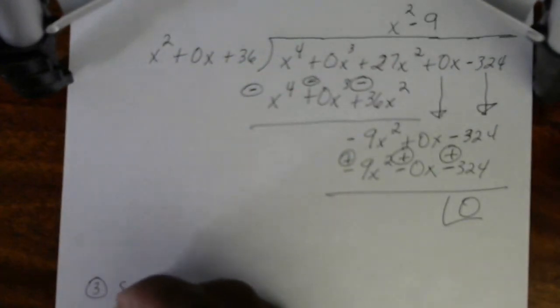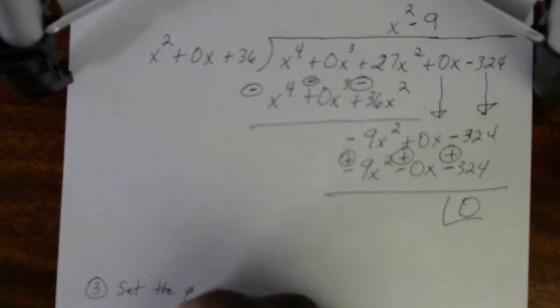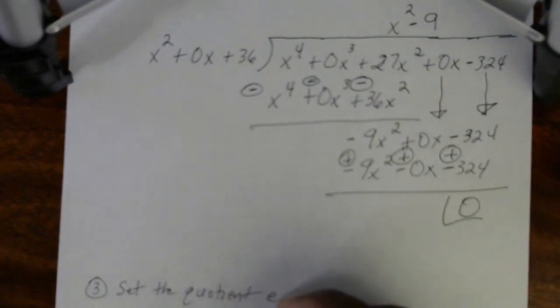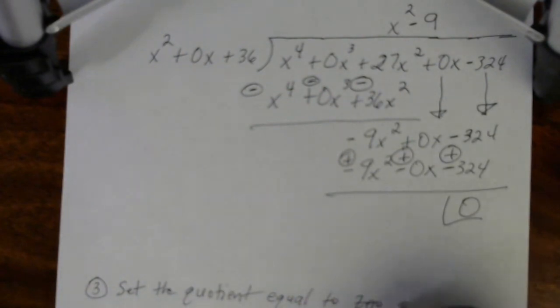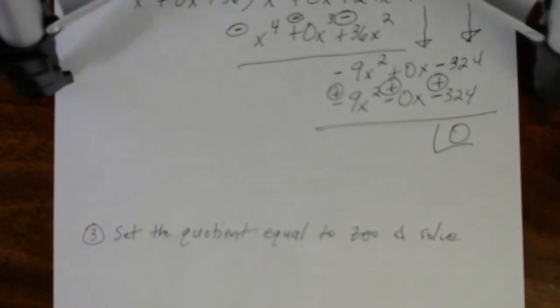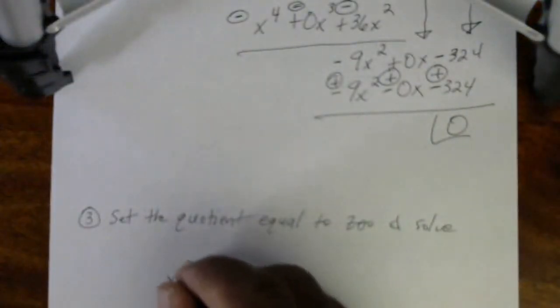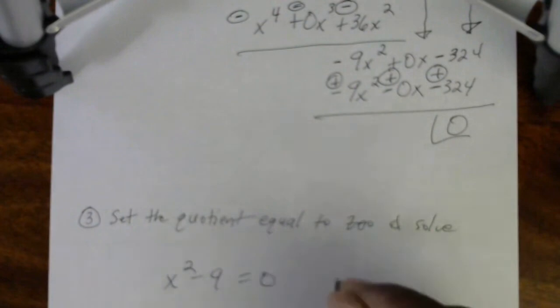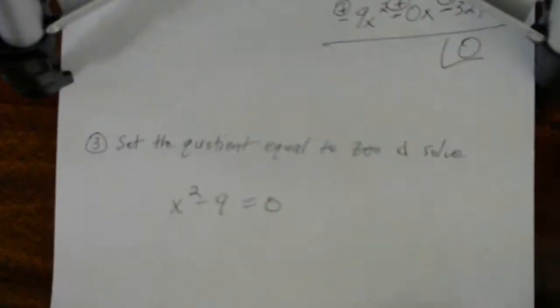We would set the quotient equal to 0 and solve. Right, so I'm going to take my quotient, which was x squared minus 9. I'm going to set that equal to 0.